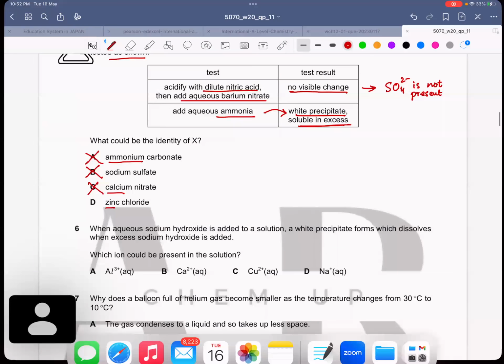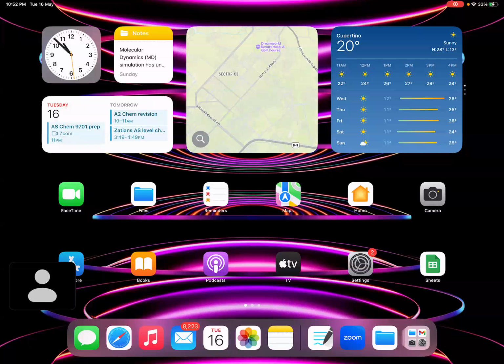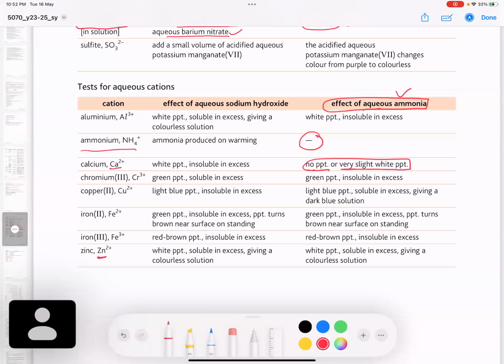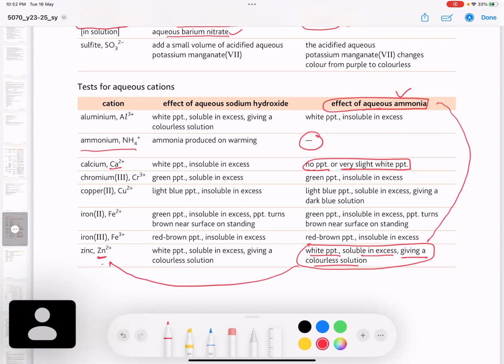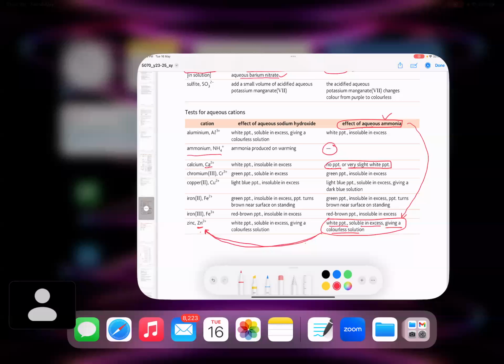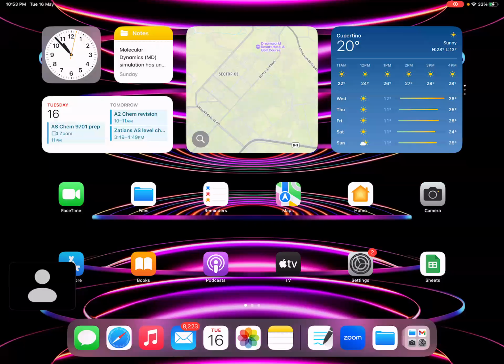With calcium, there is no precipitate or a very slight precipitate with aqueous ammonia. Now have a look at zinc: white precipitate soluble in excess giving a colorless solution. So if white precipitates are formed and dissolve in excess ammonia, it clearly indicates that the solution contains zinc 2 positive ion. From here we can conclude that our correct answer is D. Is this clear?